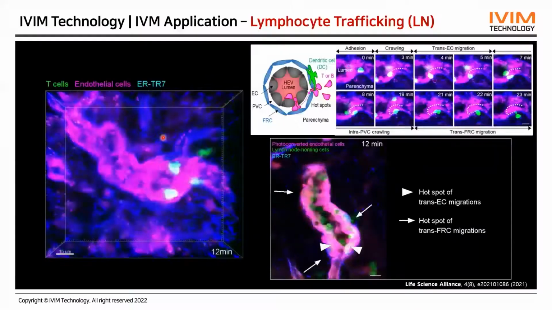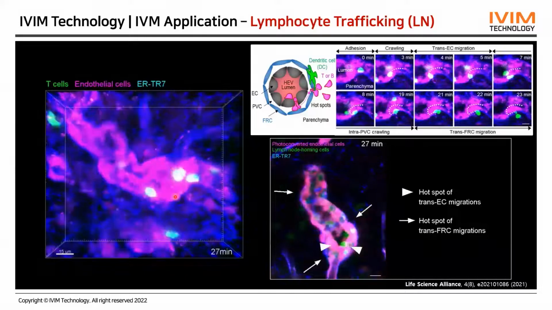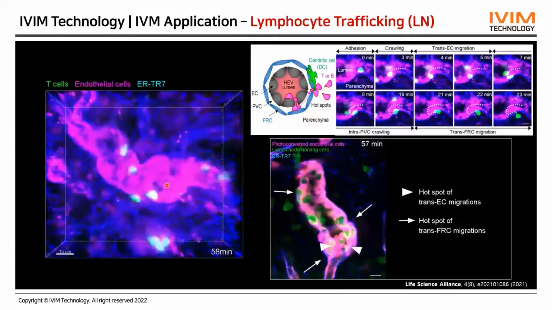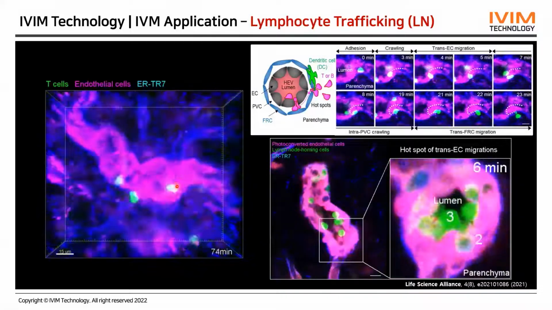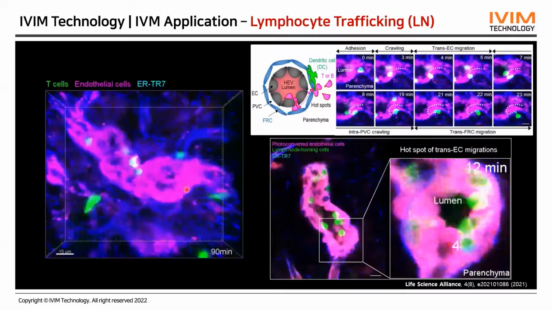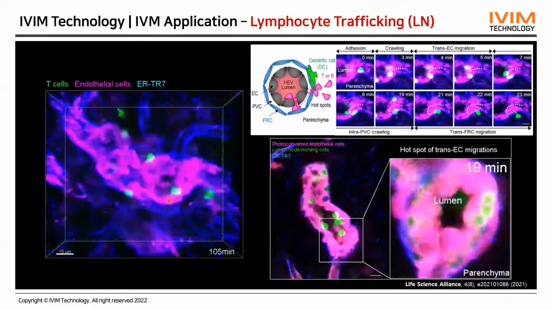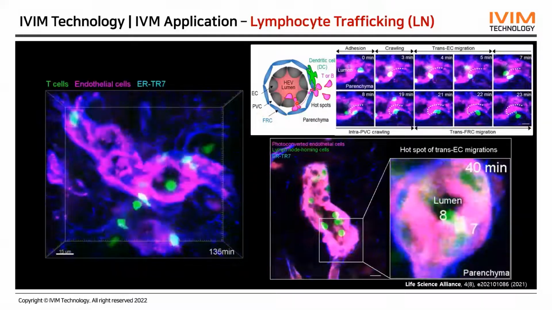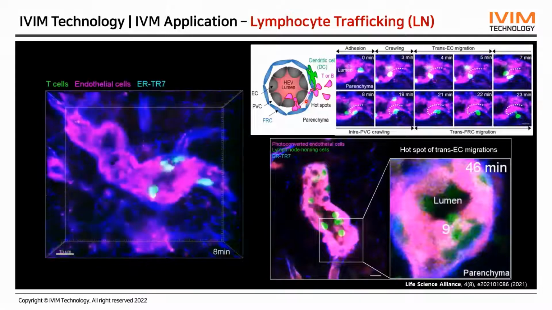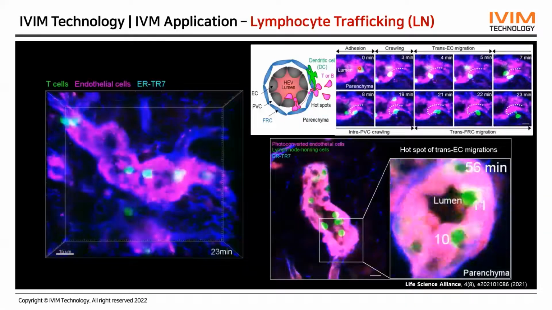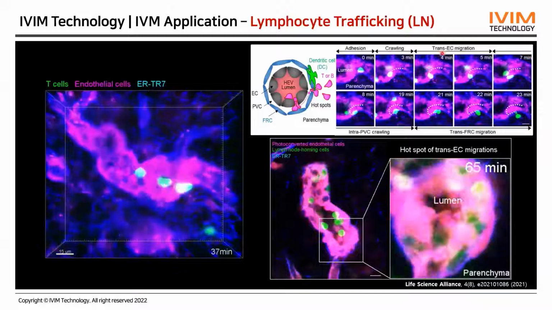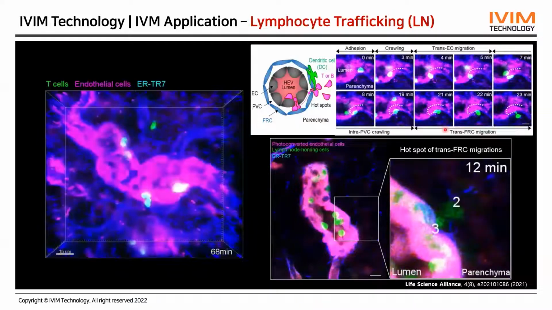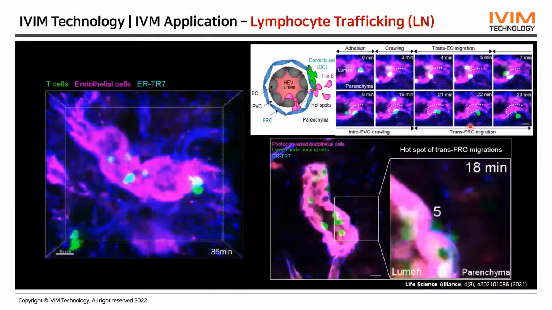And to monitor the stepwise transmigration process of the T cells, we performed in vivo 4D imaging of T cell migration across the high endothelial venule. It clearly shows the multiple steps of the T cell migration across the HEV, which is composed of endothelial cells and fibroreticular cells with the perivascular channel: adhesion to the ECs, intraluminal crawling, trans-EC migration, intra-PVC crawling, and trans-FRC migration, and finally arriving at the lymph node parenchyma.